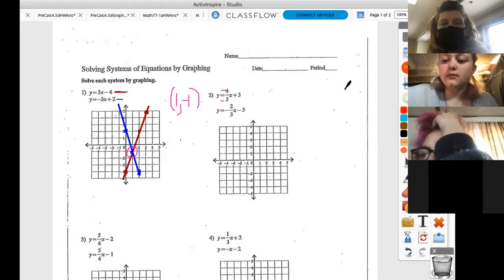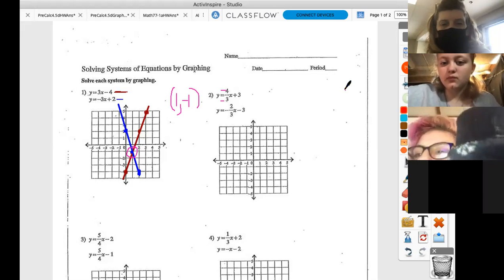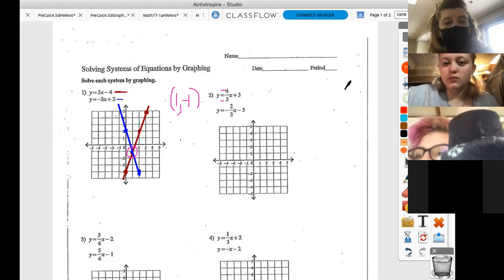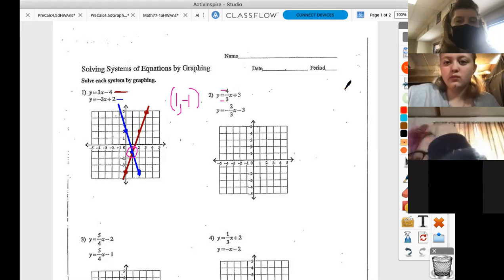So we're looking for that point of intersection. That's what our job is today, is to find out where those 2 lines meet. If they're parallel and they don't meet, then you would write no solution. If they're the exact same line, then you would write infinite solutions.